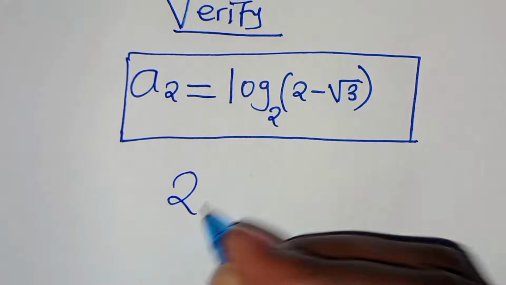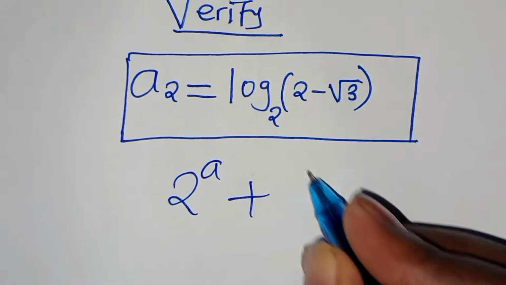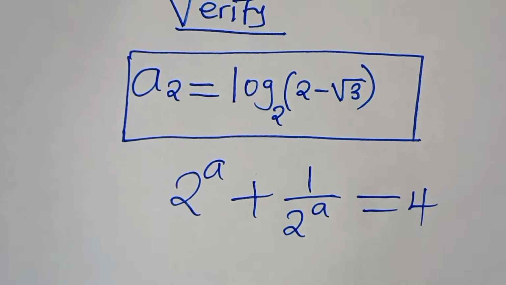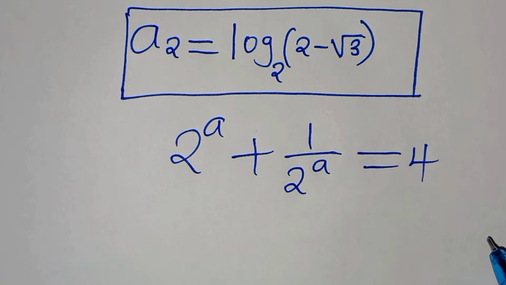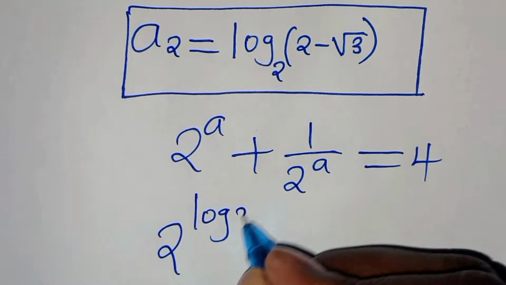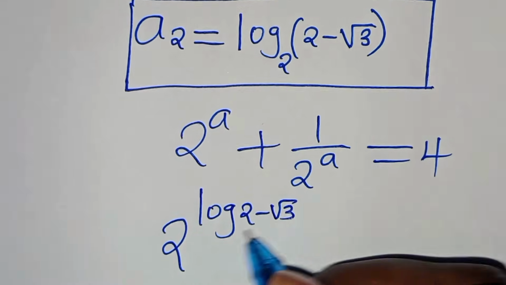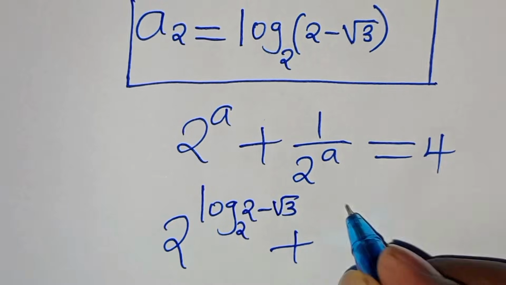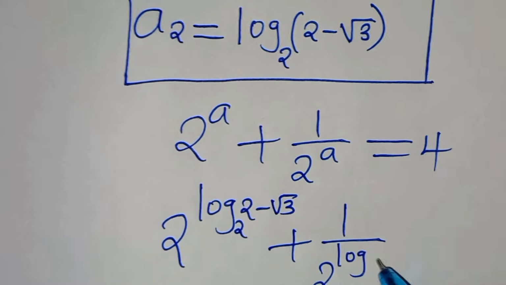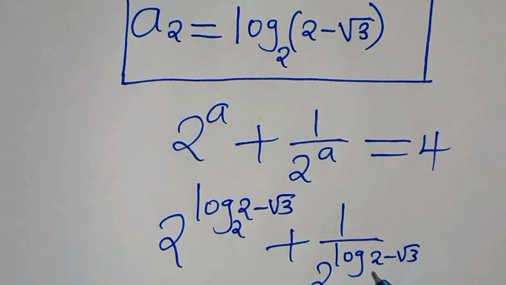So we have 2 to the power of a plus 1 over 2 to the power of a. This is equal to 4. Let's substitute the value of a so that we have 2 to the power of log of 2 minus square root of 3 to base 2, then plus 1 over 2 to the power of log of 2 minus square root of 3 to base 2.